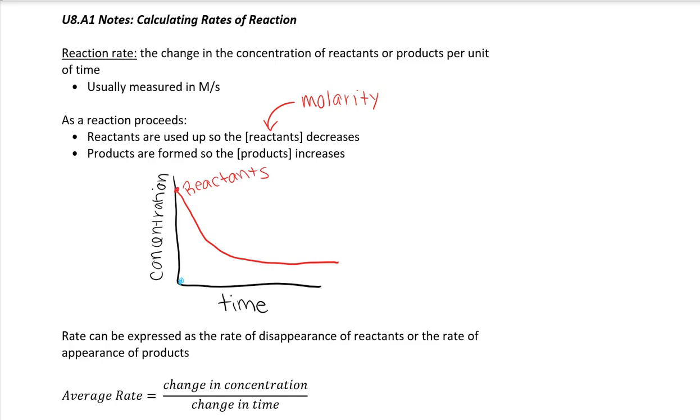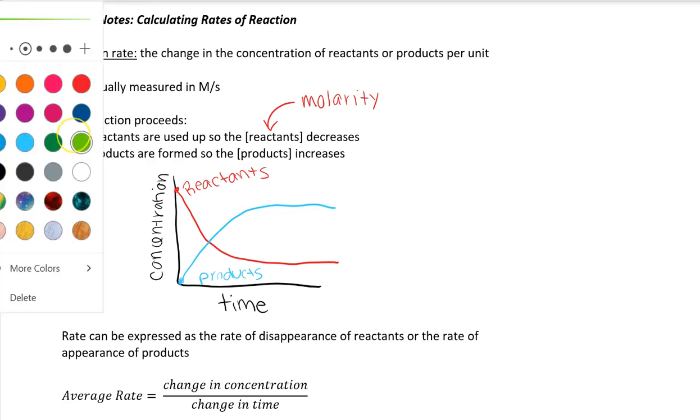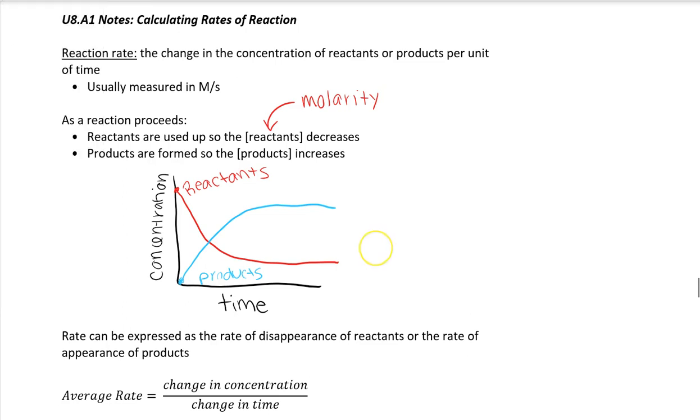At the start of my reaction, I don't have any products. But over time, the concentration of those products are going to increase. So I normally call these fish graphs because they kind of look like a fish. So those will be our fish graphs.